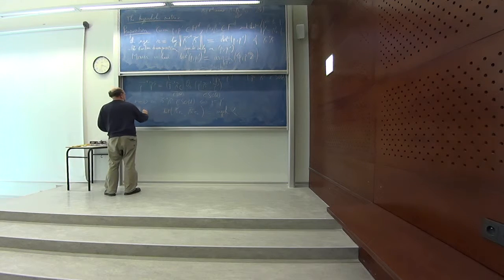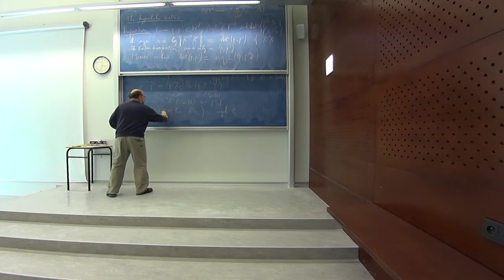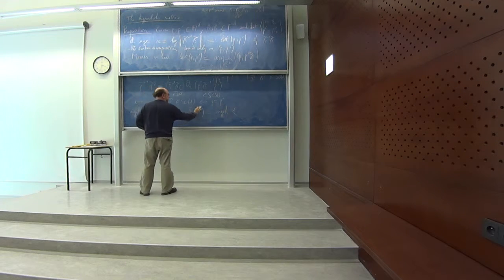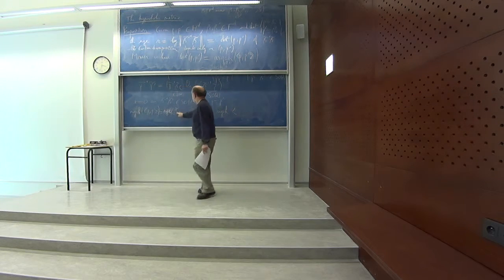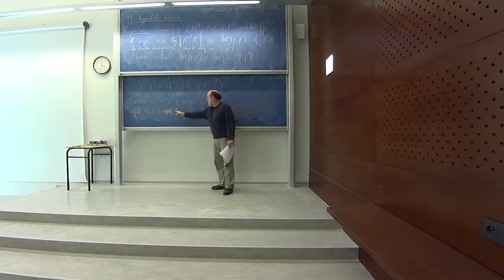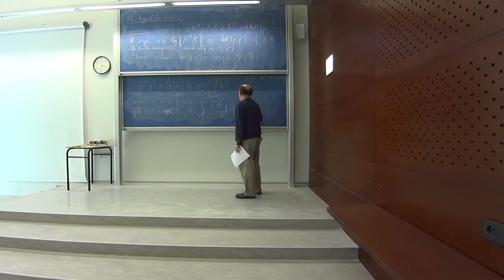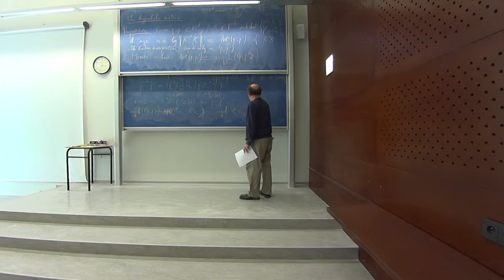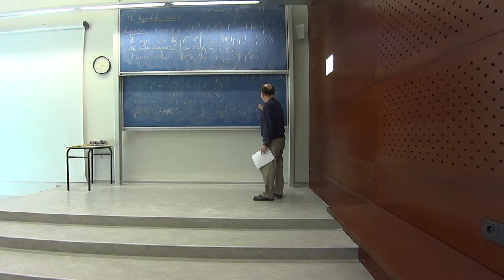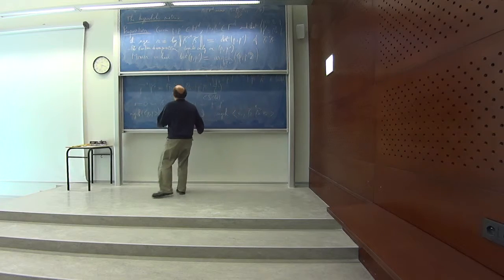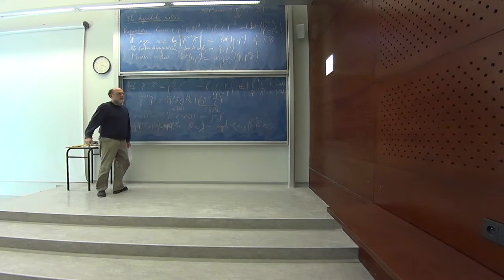So I write this thing, and since this is an isometry, I can put it on the other side. So I'm getting E naught, this, and now I am using once again this decomposition.